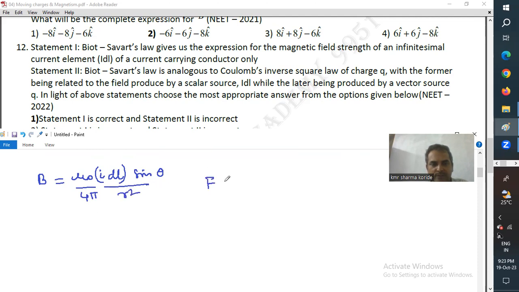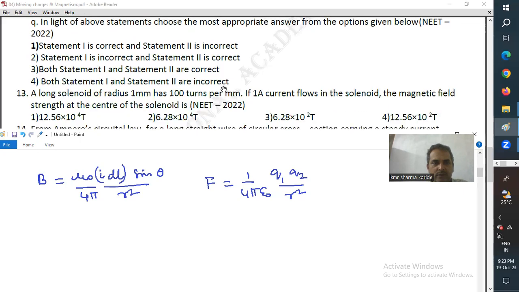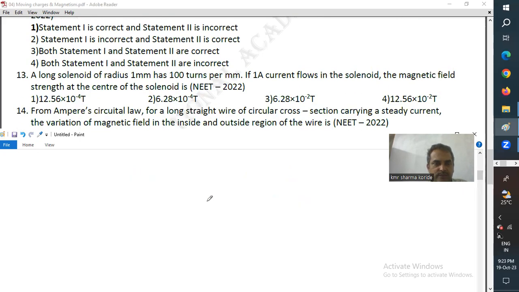Whereas Coulomb's law in electricity is 1 by 4 pi epsilon naught Q1 Q2 divided by r square, two charges separated by distance r, so this is the square of the distance. Therefore, statement 1 is correct and statement 2 is wrong. Moving to the next question.